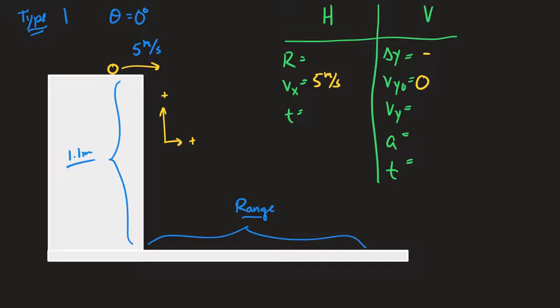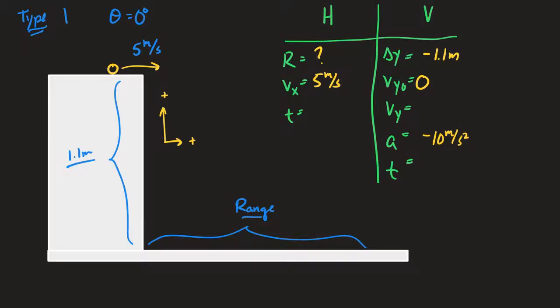That suggests negative 1.1 meters for delta y. It will be accelerated by gravity the entire time, meaning an acceleration of negative 10 meters per second squared. And that's it. We're looking for the range.